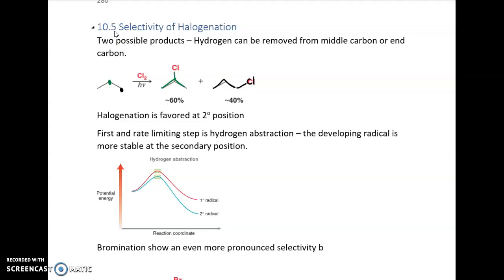And as you would predict from what we've already talked about, the middle is more favored because the intermediate with a secondary radical is going to be favored over the primary. The first and rate limiting step is the hydrogen extraction, and developing the radical in this secondary position is more stable.